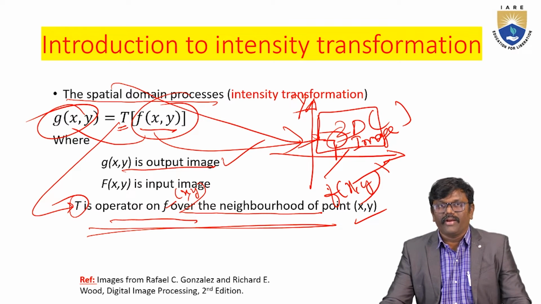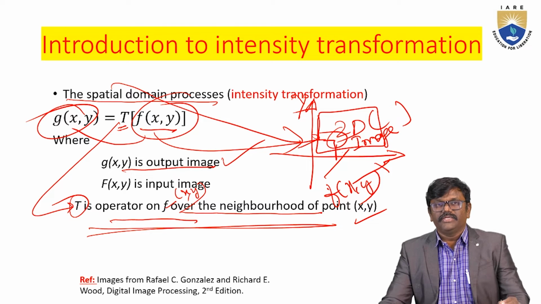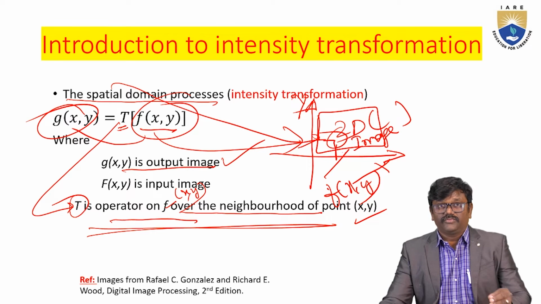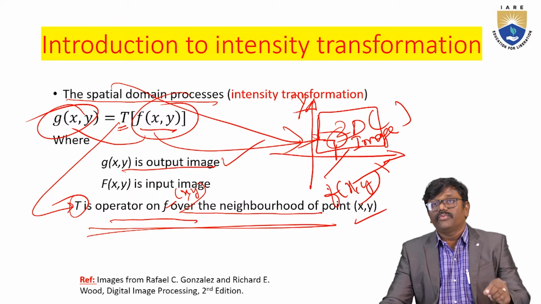I hope you got my point. Intensity transformation is nothing but the intensity of the pixel values being compared or transformed with one another, in terms of the neighborhood of the point x comma y.